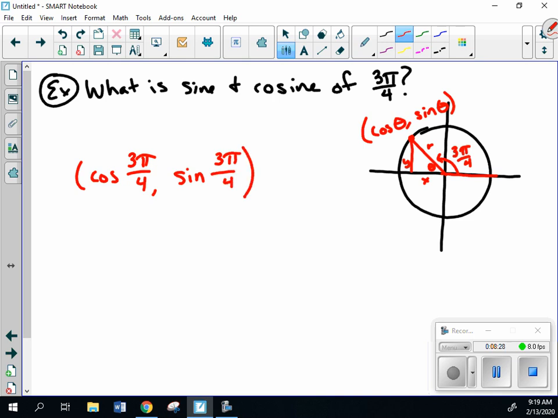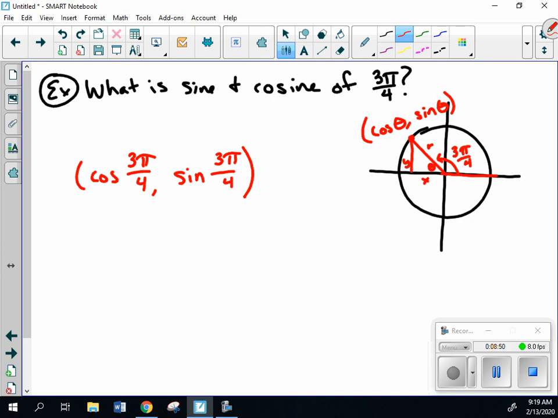Now, you can convert your calculator into radian form in order to figure this out, but there's a slight problem. If you don't have it in exact form, you're going to get a decimal, and some of you might not know those decimals, and I'll go through that in a little bit. But this one's a little bit easier.